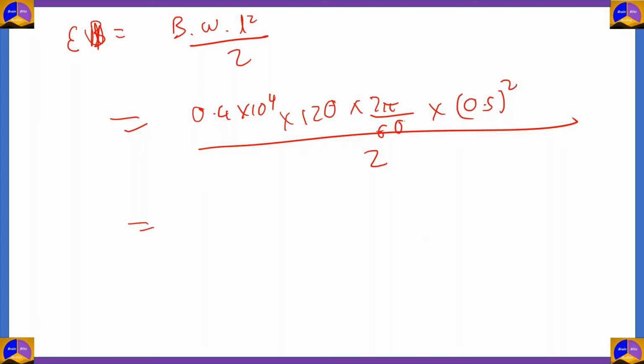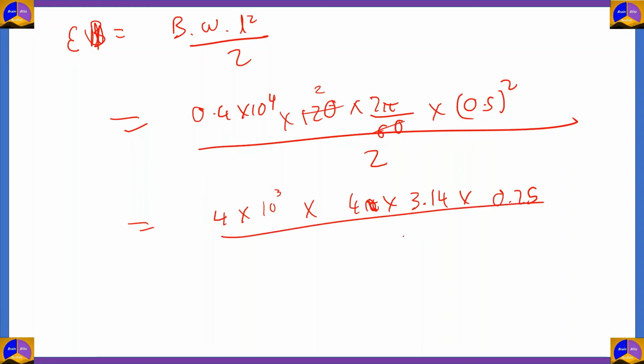Now 60 cancels out, leaving a 2. 2 times 2 is 4. So we can write 4 into 10 cubed times 4 pi. 4 pi can be written as 4 into 3.14. 5 squared is 25, so 0.5 the whole square will be 0.25, and then the whole divided by 2.